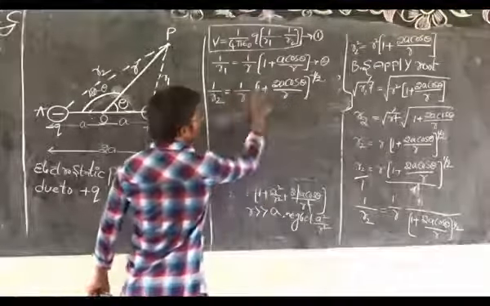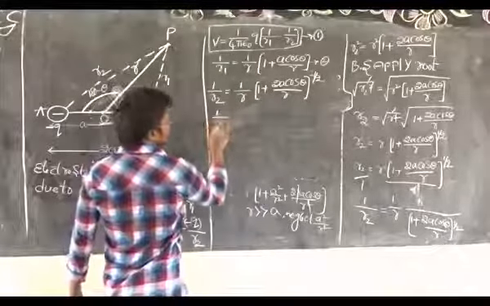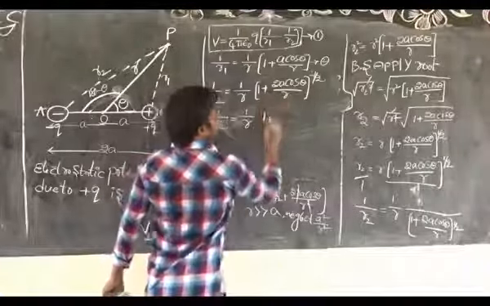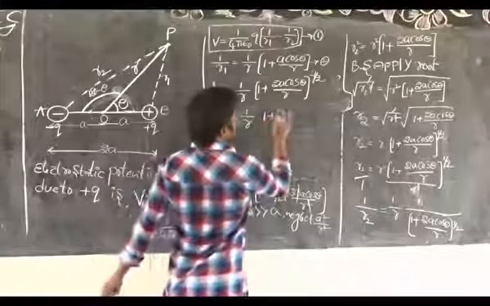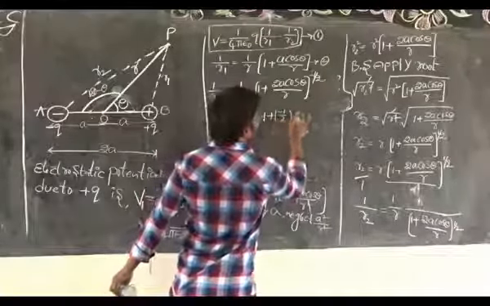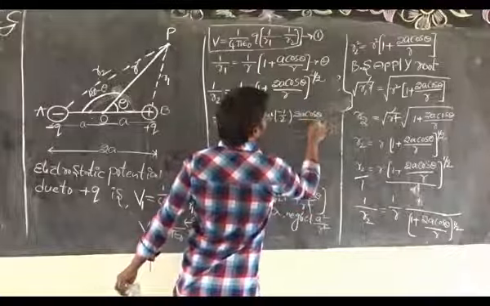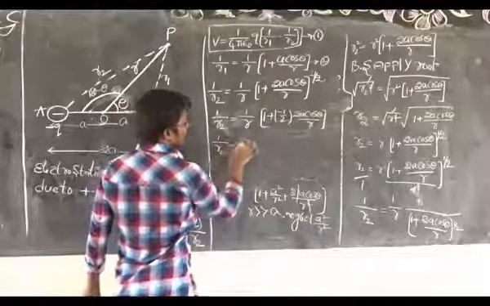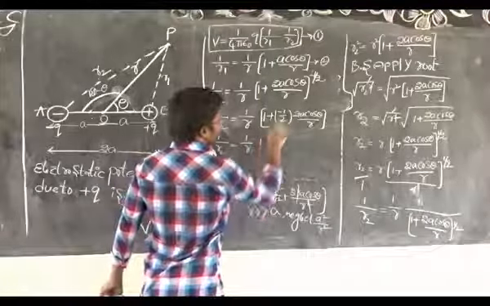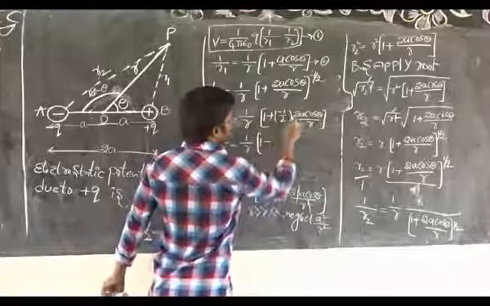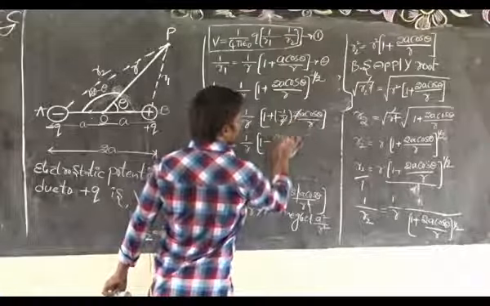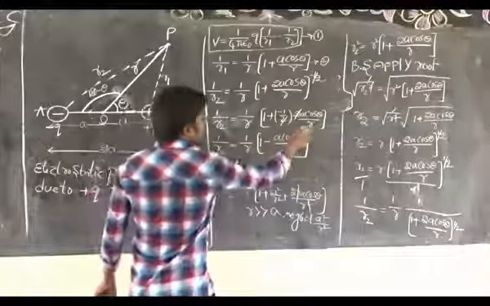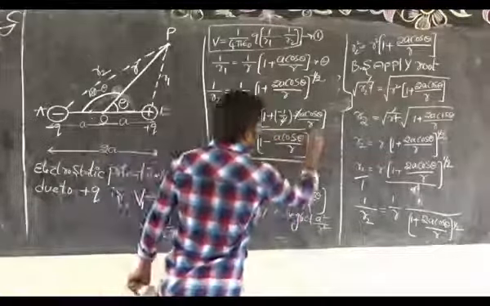So from the binomial expansion, 1 by R2 is equal to 1 by R into 1 plus minus 1 by 2 into 2A cos theta by R. Now 1 by R2 is equal to 1 by R into 1 minus, here 2 cancels, so A cos theta by R. This is the 1 by R2 value.